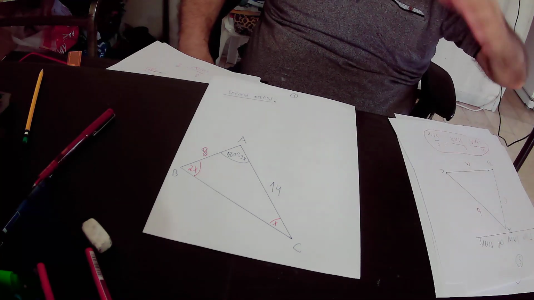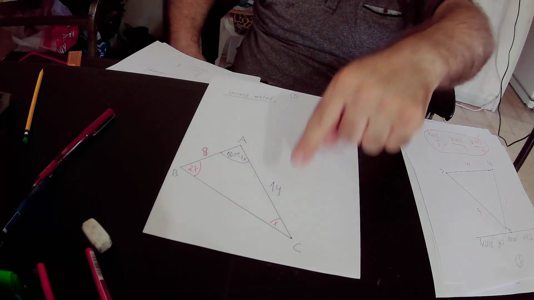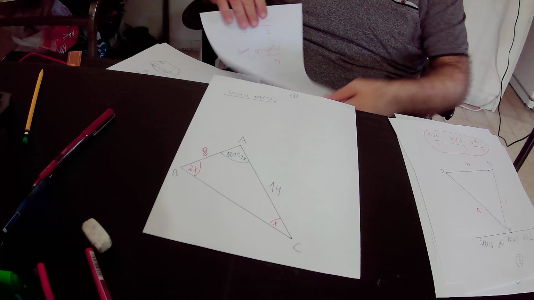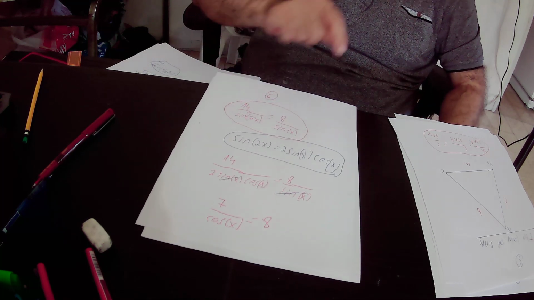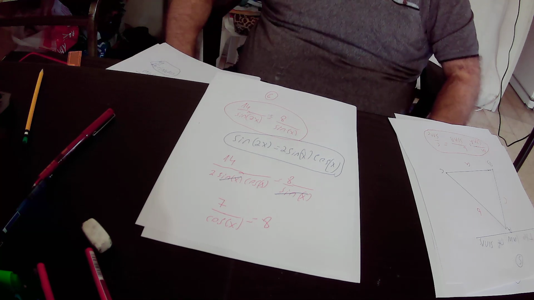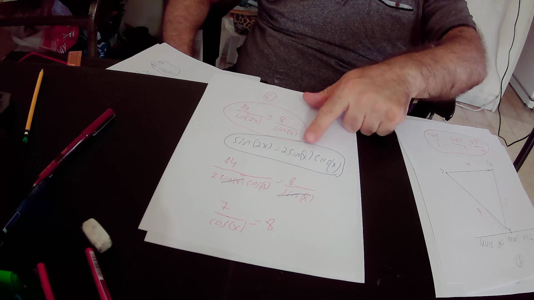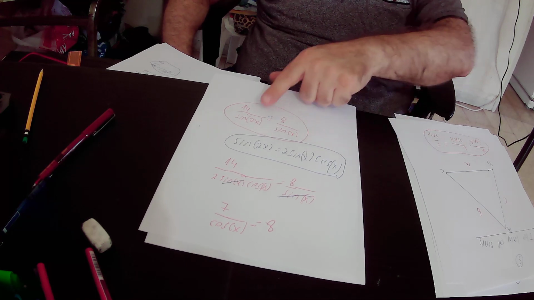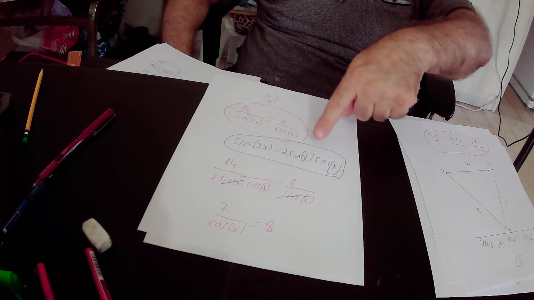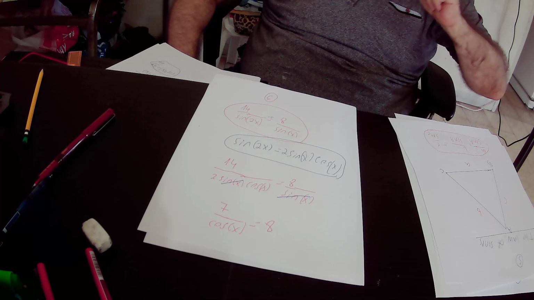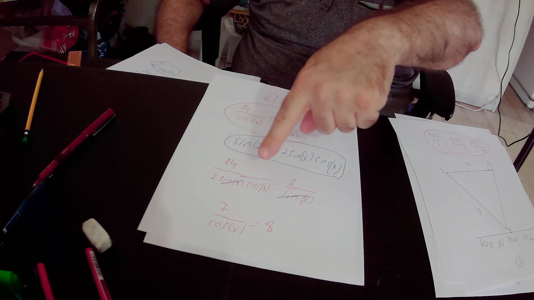According to the law of sines, 14 over sine 2x equals 8 over sine x. Here we have sine 2x, and the value of sine 2x, according to this trigonometric identity, equals 2 sine x cosine x. So instead of sine 2x, we can write 2 sine x cosine x.